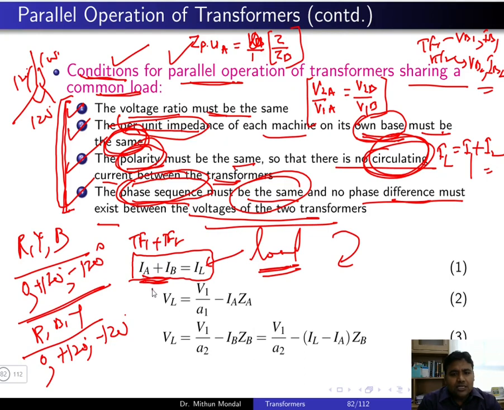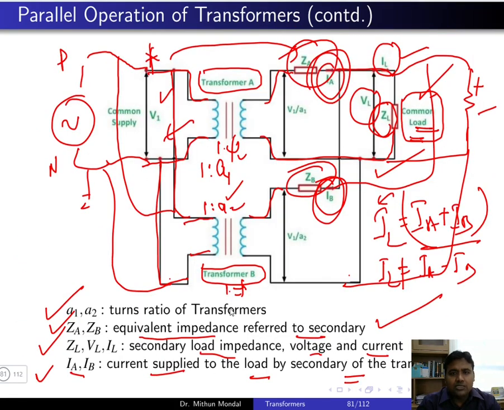Second, let us see the load voltage for both transformers, writing the KVL equation on the secondary side of the transformer. This is the KVL equation for transformer A, and if you write the KVL equation for transformer B, then V1 by A1 minus IAZA. If you see the network here, V1 by A1, where A1 is basically the turns ratio, is the EMF E2.